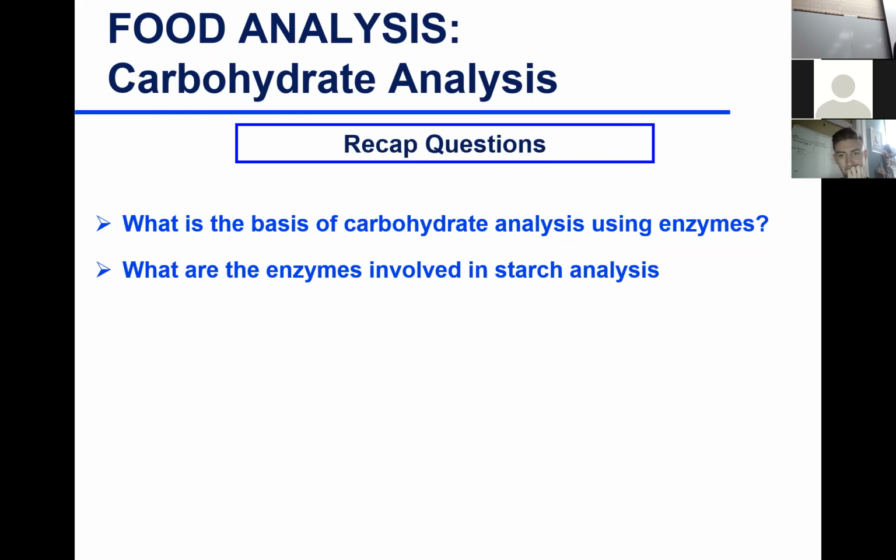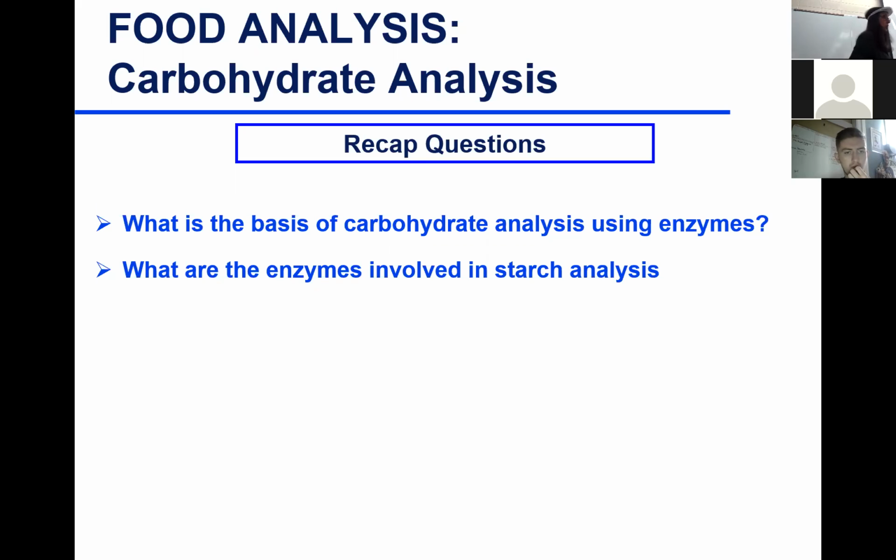So what we use to convert starch into glucose is alpha amylase and glucoamylase. So the alpha amylase is an endoenzyme, so it's going to chop up my starch into maltodextrins or small chains of glucosides, and then glucoamylase is an exoenzyme that's going to take one glucose unit at a time out of my starch molecule.